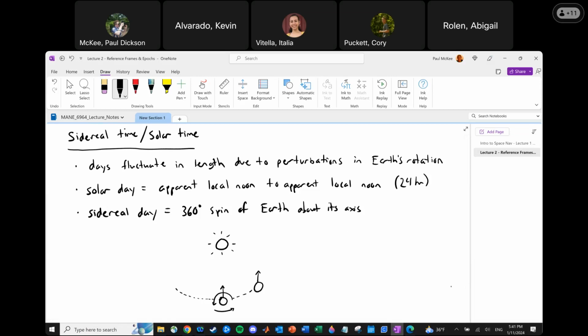And it has spun once about its axis. And then sometime even a little bit later, it is now pointed directly at the sun again. So what we see is that the length of time it takes to point at the sun twice is not the length of time it takes to spin on its axis twice.